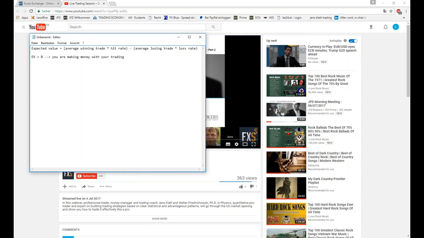So this means that if you, for example, have a result saying 0.2, okay, the expected value is 0.2. This means that for each euro you're risking in your trading, you're earning 20 cents per trade. And it doesn't matter if the market goes up or down, goes in your direction or not.